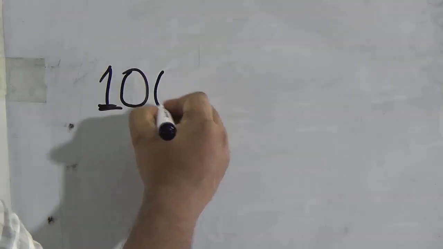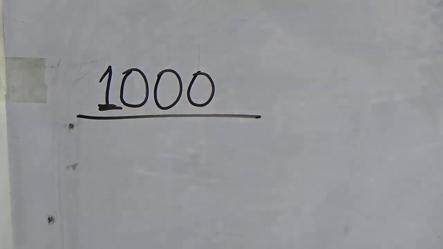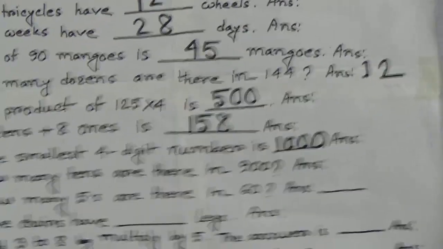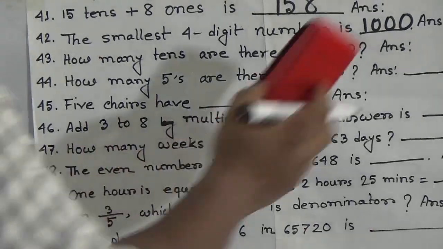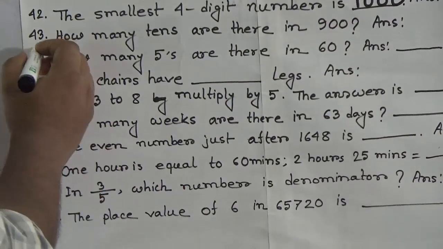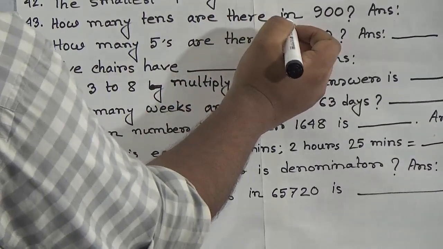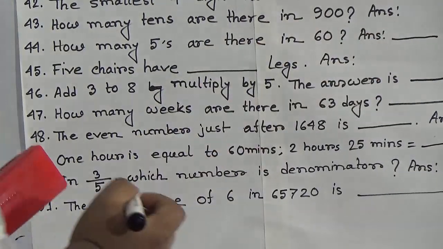That means 1 0 0 0. It is the smallest number of 4 digits. So we write here 1000.